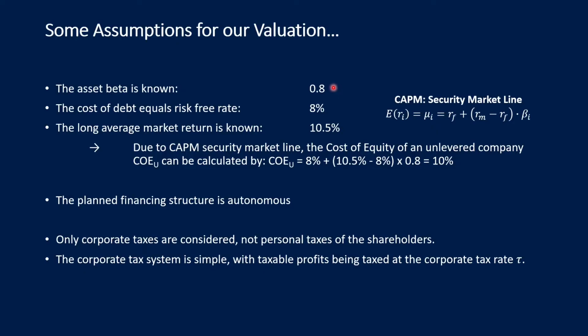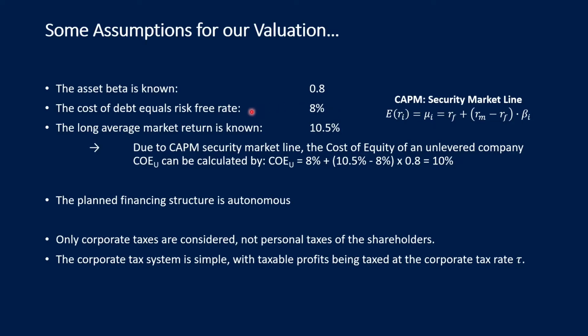The asset beta is the beta of the unlevered company. The asset beta can be derived from peer group companies, but they have to be re-levered using the Modigliani-Miller formula before. So the asset beta here is 0.8. The cost of debt equals the risk-free rate, which is 8% here.